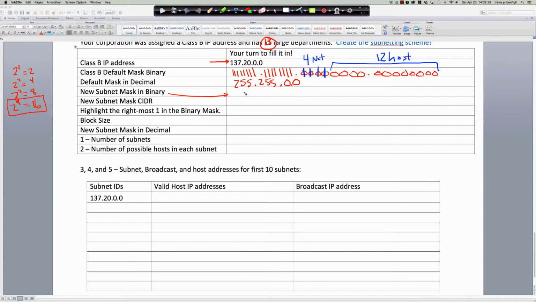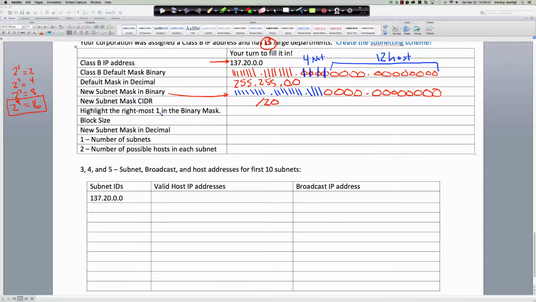So what is the new mask in binary? We're going to have 8 network bits dot 8 network bits dot our 4 borrowed bits followed by 4 host bits dot 8 host bits. So the new subnet mask CIDR is going to be a /20, right?